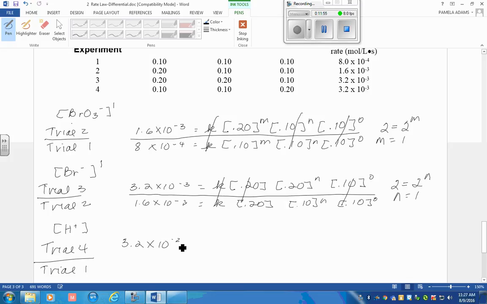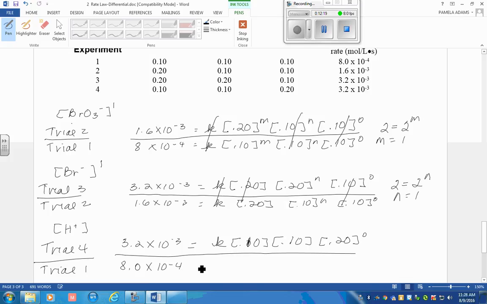3.2 times 10 to the negative third is equal to K. We know that these 2 are first order. And number 1. So this divided by this is equal to 4.